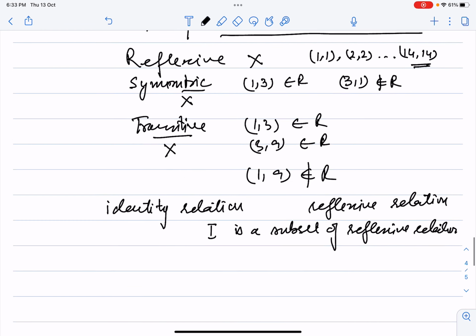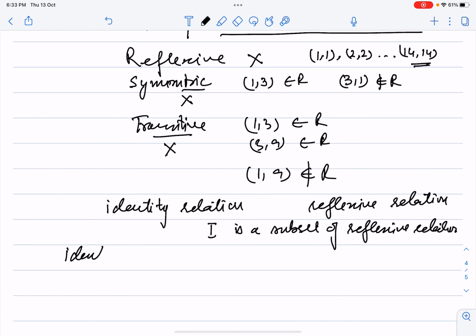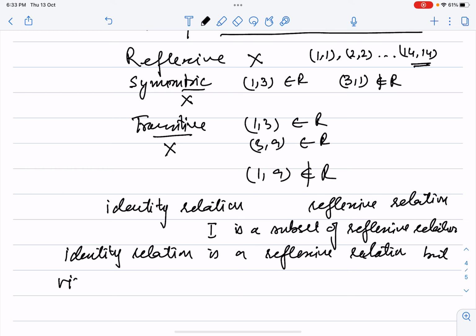Again, I'll repeat. Identity relation is a reflexive relation, but vice versa is not always true.